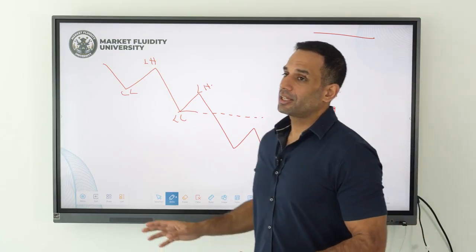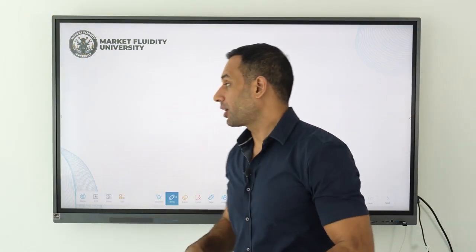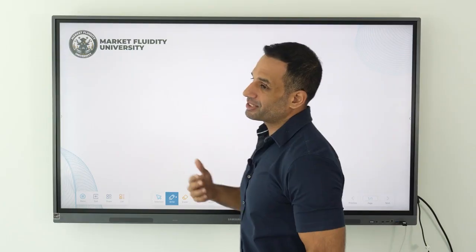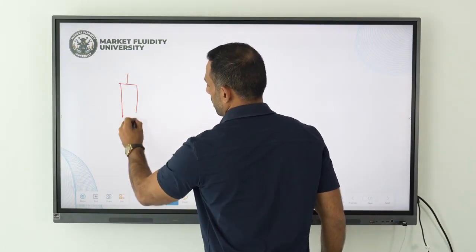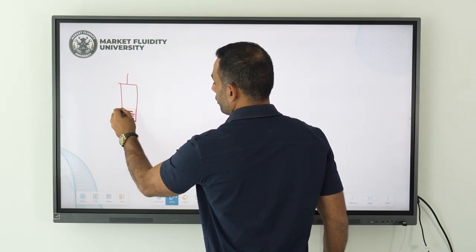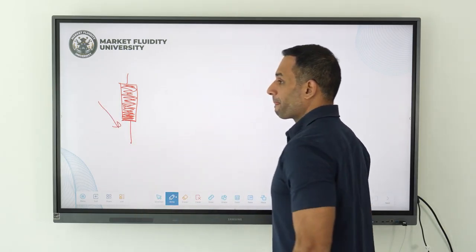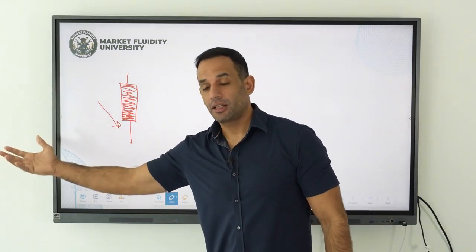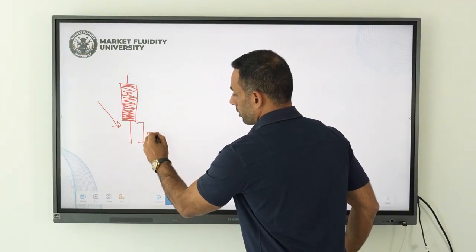So now let's take this information and take a look at wick fills. Wick fills is basically price continuing in the direction of a wick, which you may see to the left-hand side. The most simplistic way to explain this is that whenever you have a candle, let's say this is a bearish candle, and the candle has a wick in the direction where it's moving, there's a very high probability that the next candle will continue to fill this wick.